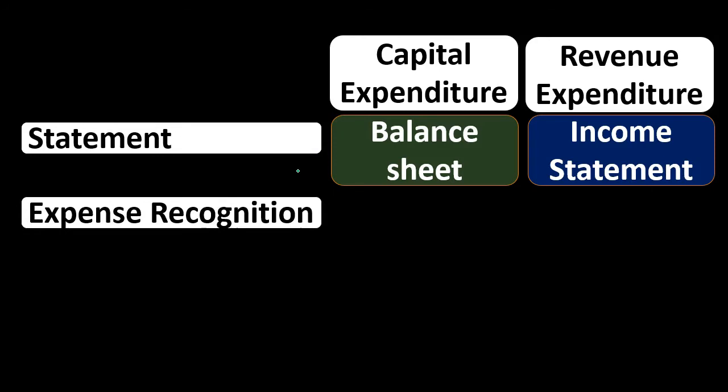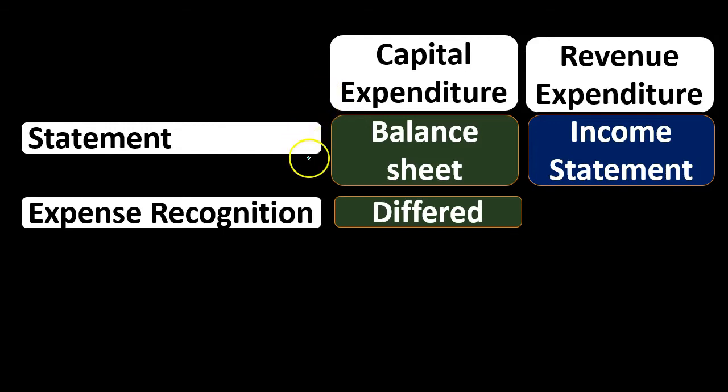So expense recognition then would be deferred if we're talking about a capital expenditure, meaning we're not going to write off the expense at the point in time we have the expenditure. If we put a whole new engine into the forklift, then we're going to put it on the books as an asset as we did with the forklift itself, and then expense it over its useful life, depreciate it over its useful life.